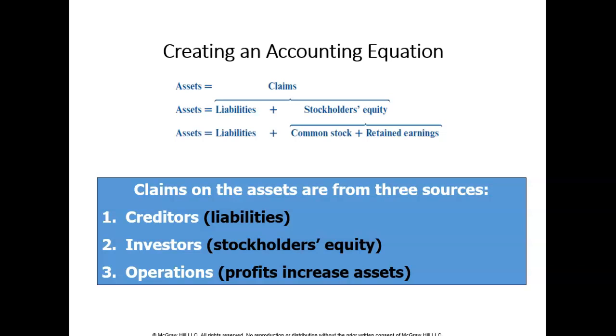One way to get those resources is from borrowing money, from creditors. So if the assets come from creditors, then the creditors have a claim against those assets. Creditors are known as liabilities. Liabilities refer to the existing debts or obligations of a business.